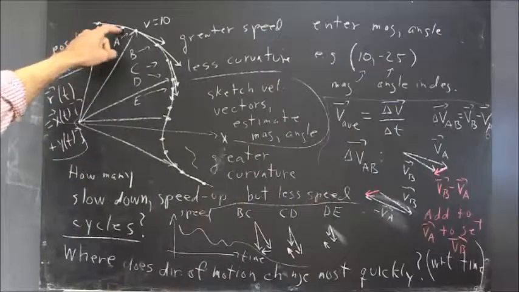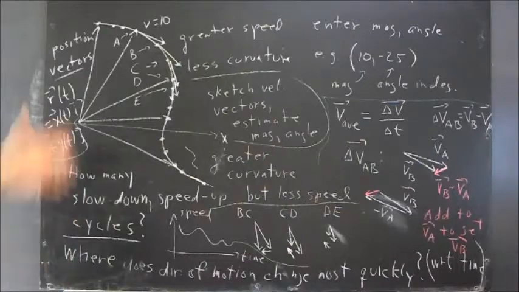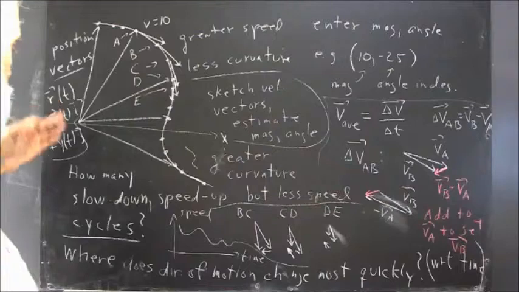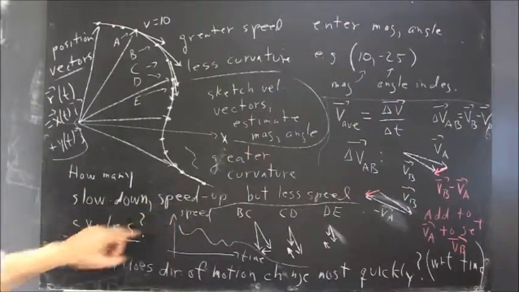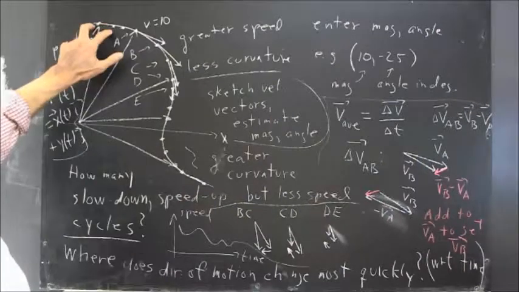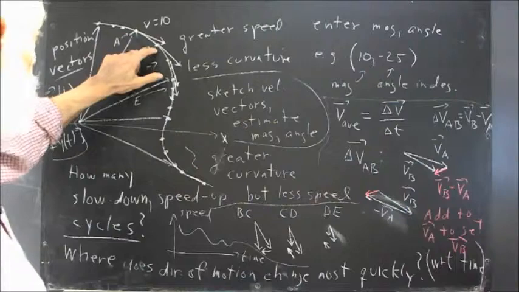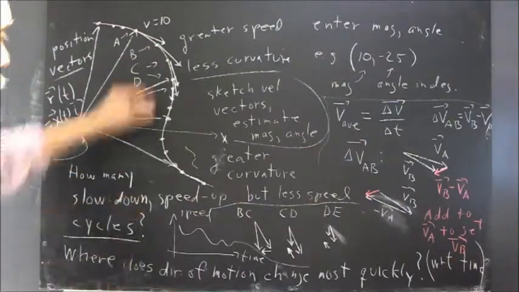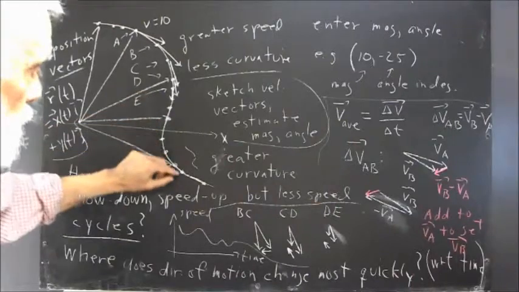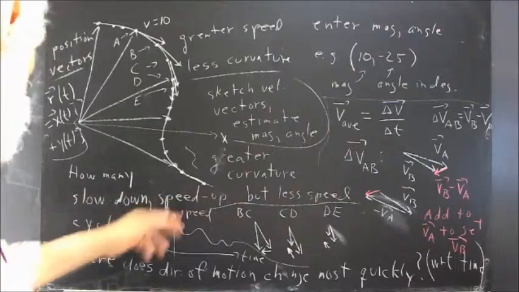So now we have an idea of how the object moves, and your class was asked to determine how many times the object slows down, then speeds up. Well, we see that we move pretty far here, not as far here, but then further and further. So we have a slow down, speed up cycle here. We have another one, we slow down here and then speed back up, and then we slow down and then speed back up here. I see 3 slow down, speed up cycles.